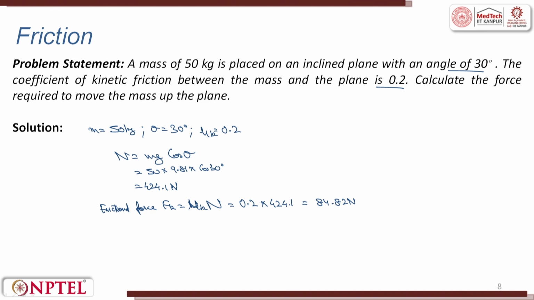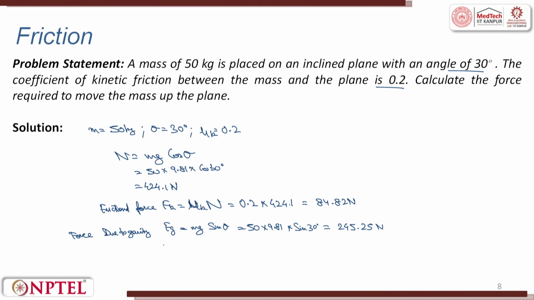Now, force due to gravity along the side of the plane, Fg, is equal to mg sin theta, which is equal to 50 into 9.81 into sin 30 degrees. This value comes to be equal to 245.25 Newton of the force.